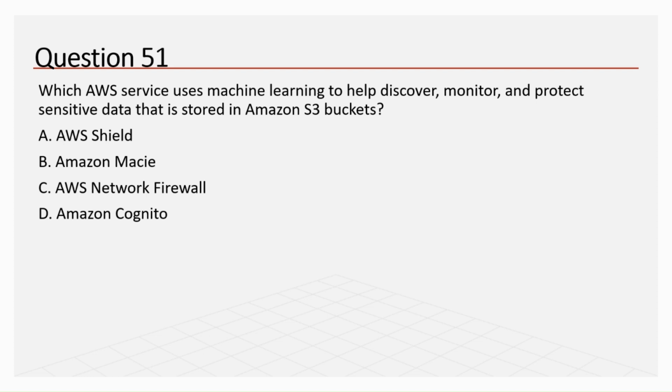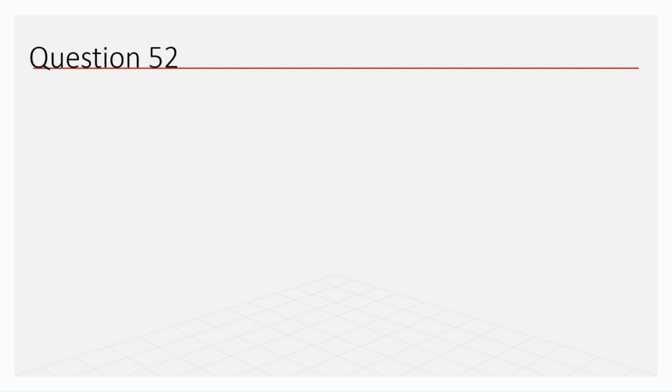Amazon Cognito is a service that is used by mobile and web applications. So the two options that it could be are Network Firewall or Amazon Macie. And the correct answer is Macie because it uses machine learning.